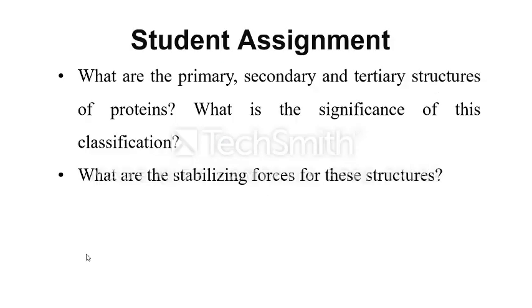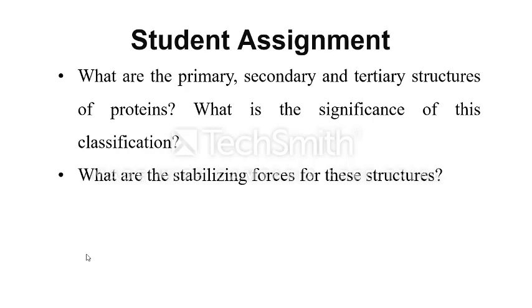So after this detailed discussion about primary, secondary, and tertiary structure, I hope and I'm sure that all of you know what is primary, secondary, and tertiary structure. So now you have to find out the significance of each class of the compound.